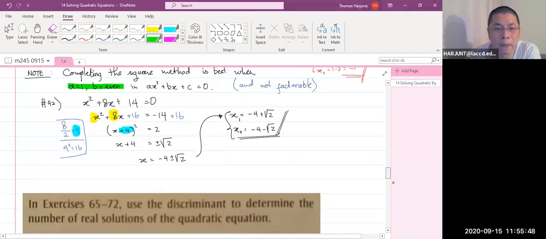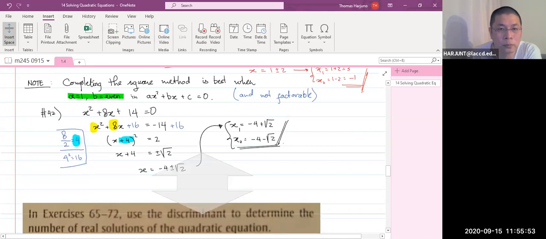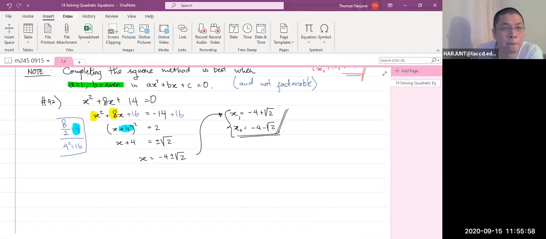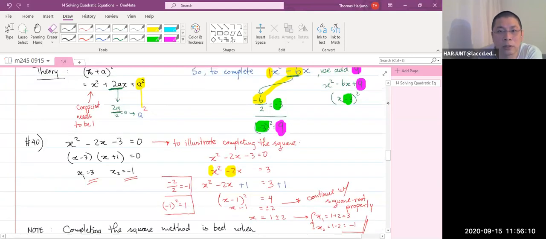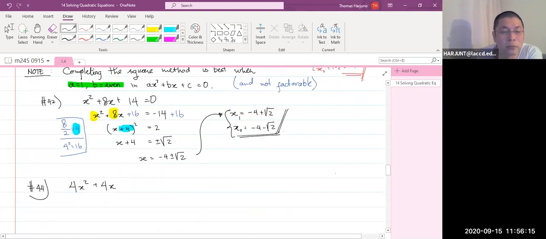Okay. Number 44. Let me write some little comment first. Number 44: 4x squared plus 4x, let's see, plus 1x minus 4x equals 1.